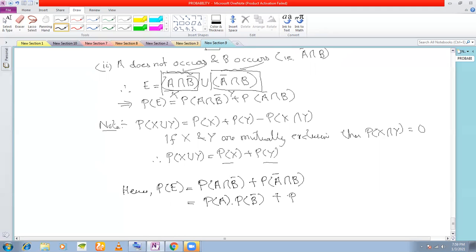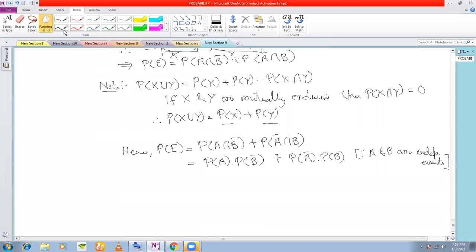If A and B are independent, then A and B bar must be independent, and also A bar and B must be independent. Now, what is P(B bar)?